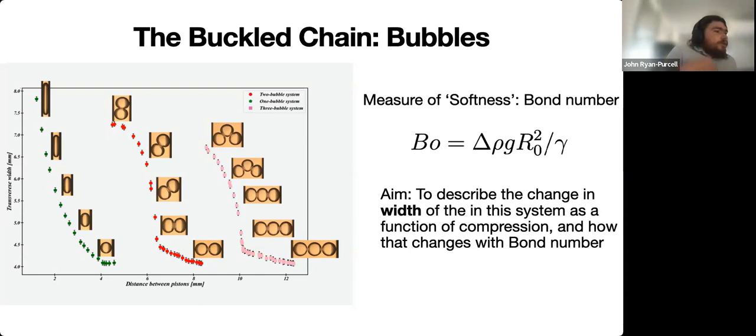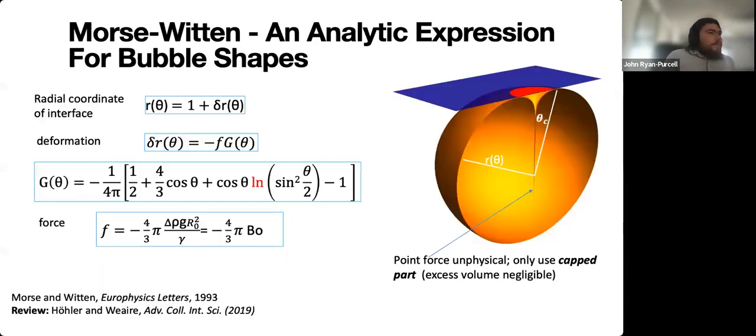Describing the shape of these bubbles analytically is a difficult problem. So what we are going to use here is an application of the Morse-Witten model, because of particular interest to us is, like I said, this change of width under applied compression. Most bubble models, such as the soft sphere model, which models bubble interactions as allowing overlaps, don't capture the change in shape of the bubble under these applied forces.